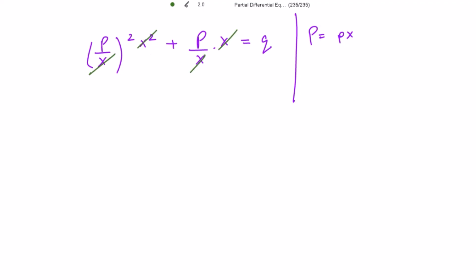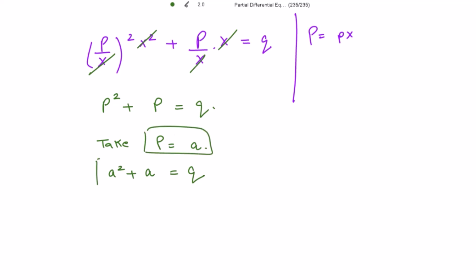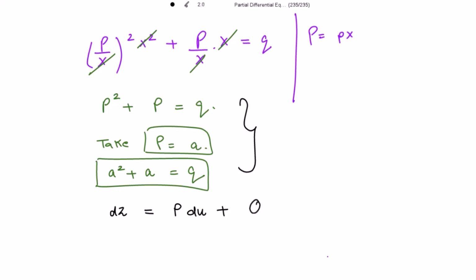Cancelling this, we get P square plus P equal to q. Taking capital P to be a over here, we get a square plus a equal to q. We are having the value of p, we are having the value of q. Now we need to apply dz equal to P du plus Q dv, but there is no capital Q, so write here small q.